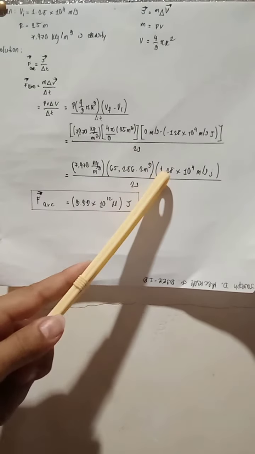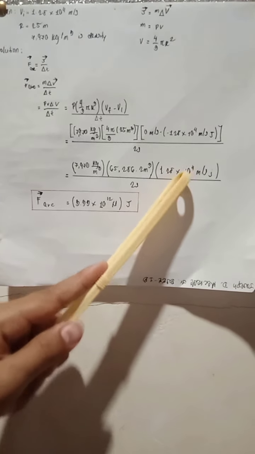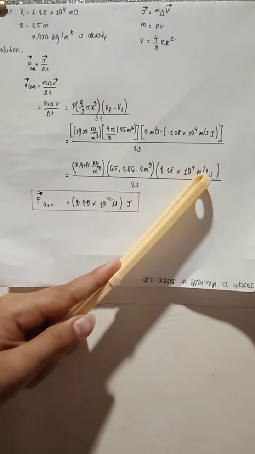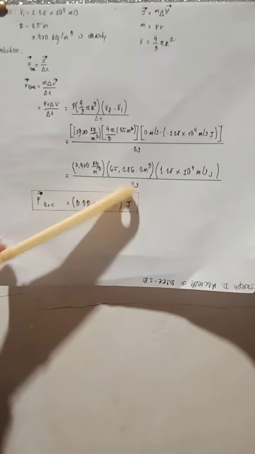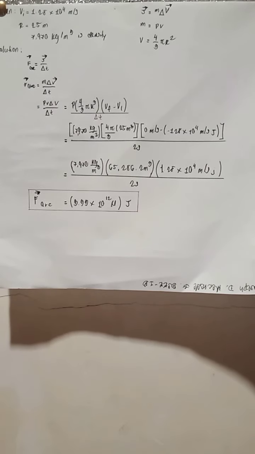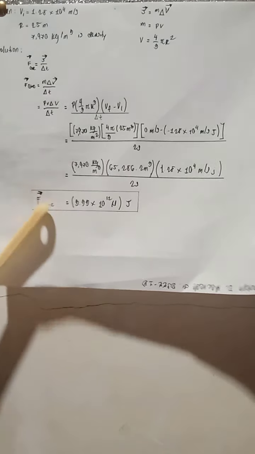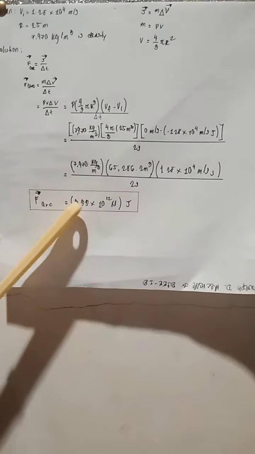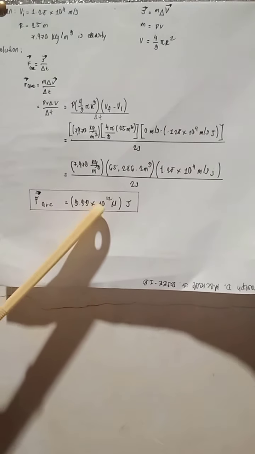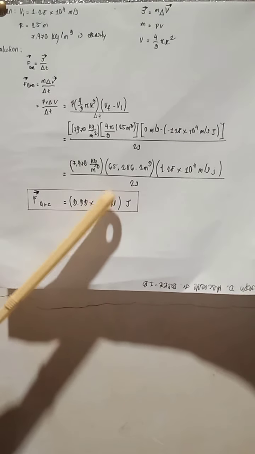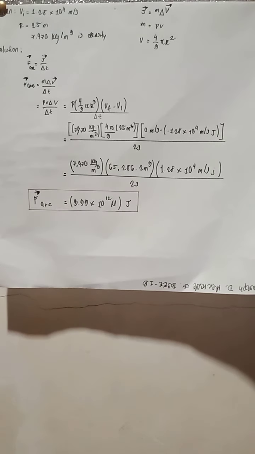The quantity 1.28 times 10 raised to the power 4 meter per second over 2 seconds. So, our final answer is the average force is equal to the quantity 3.33 times 10 raised to the power of 12 Newton.